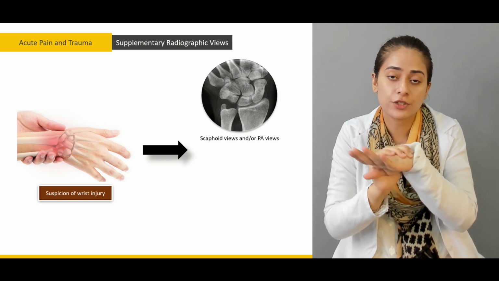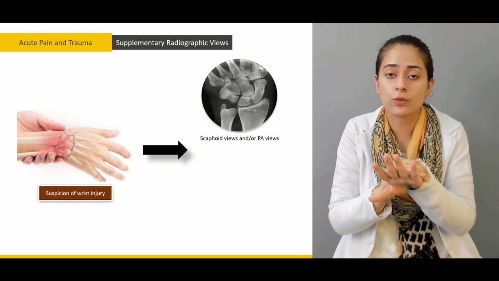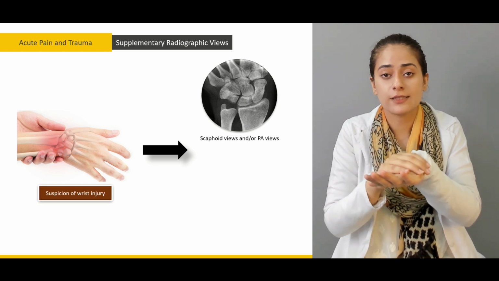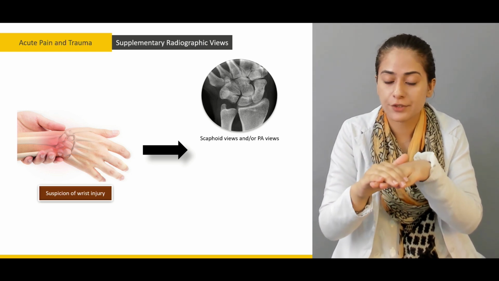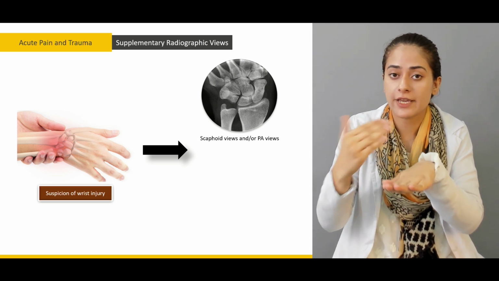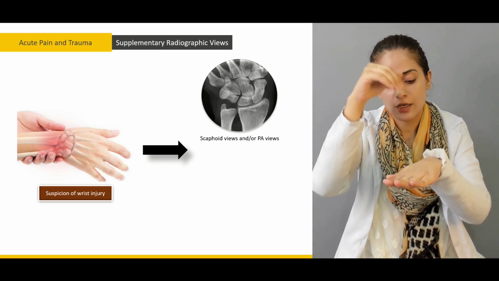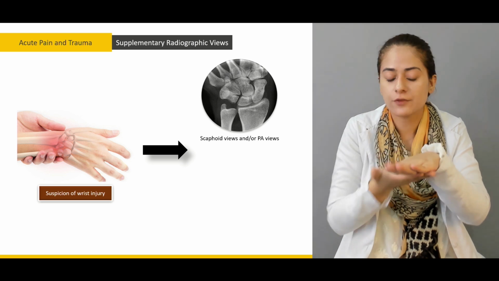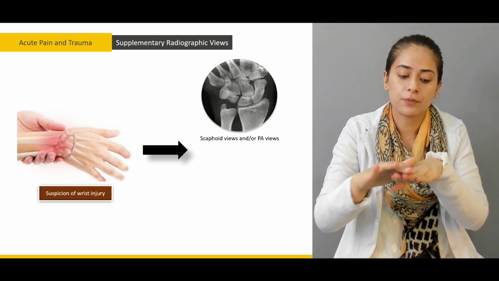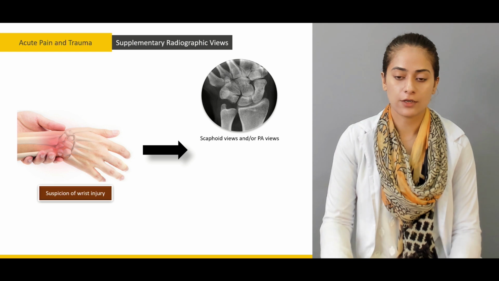Because this is the posterior surface, talking with reference to the anatomical positioning of the body, which is very important to remember, and that is why I'm stressing on this. So this is the posterior surface of my hand, taking the anatomical position as a reference. So the x-rays are going in from the posterior surface and falling on the bucky from the anterior surface. This is how a hand is placed for a PA x-ray view.